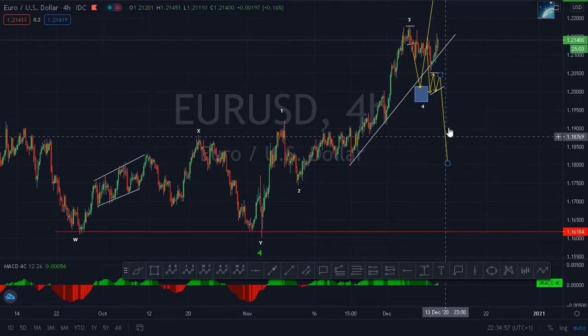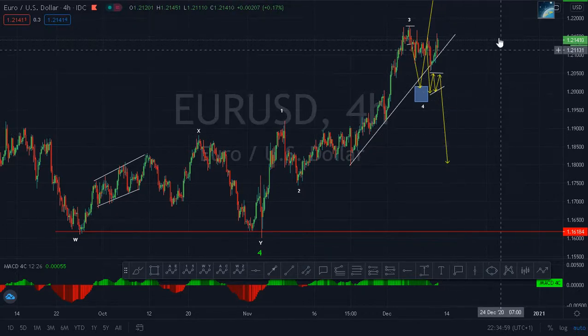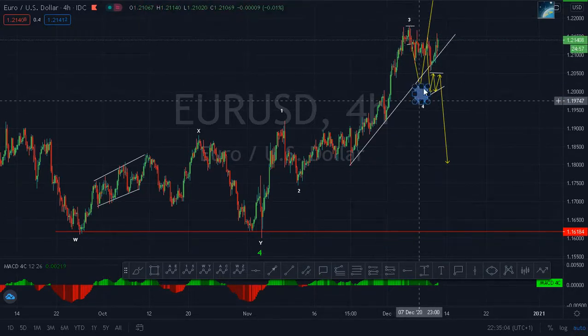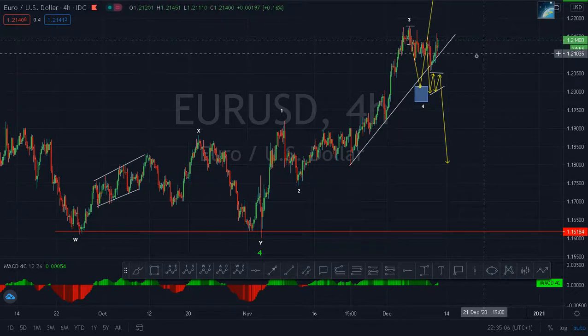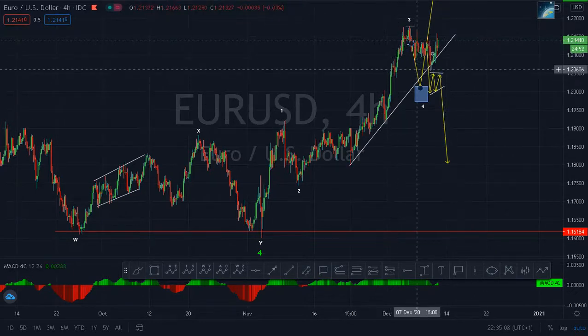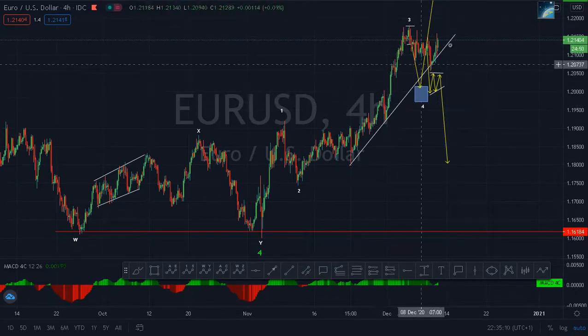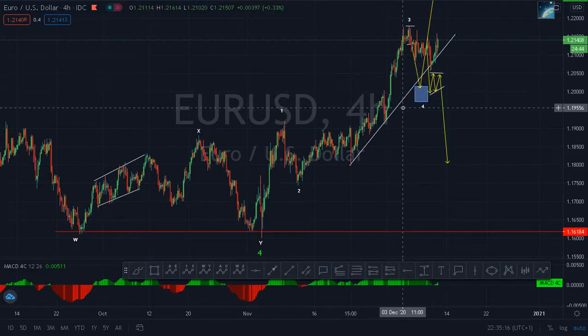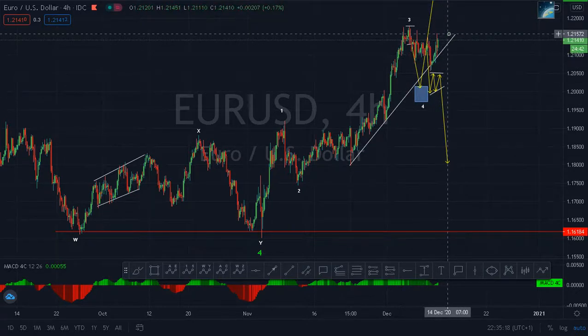Okay, yeah, I now remember. I said we have two options. Either the market comes here and continues going up, or it will break this trend line and come down. You can see it touched the trend line. It didn't come deeper as I forecasted, but it is going up.